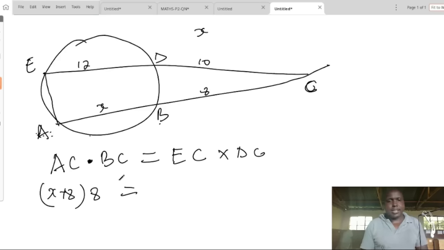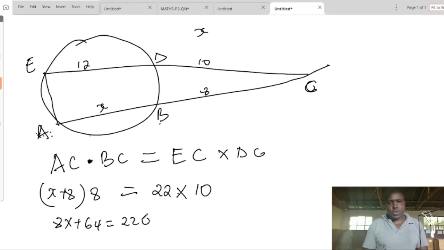Now in this case, EC is ED plus DC, which is 22, times DC, which is 10. So this times this, 8X plus 64, is equal to 220.